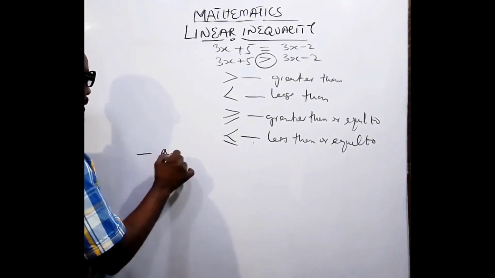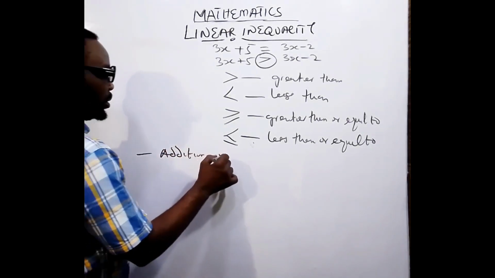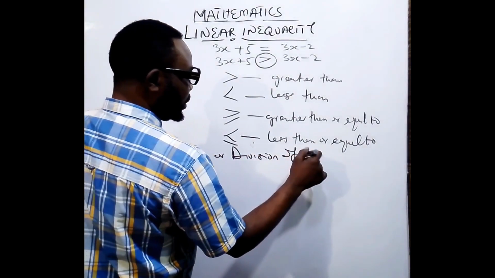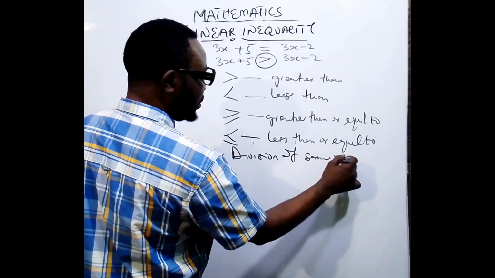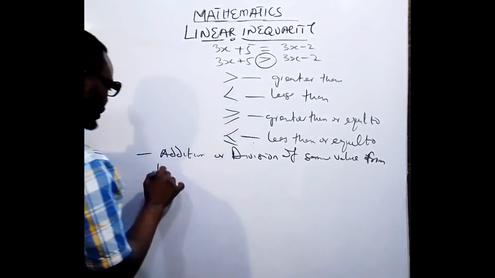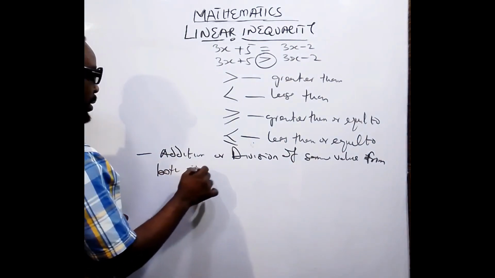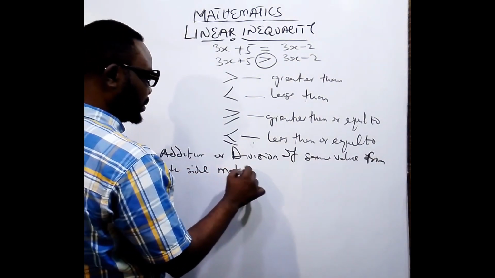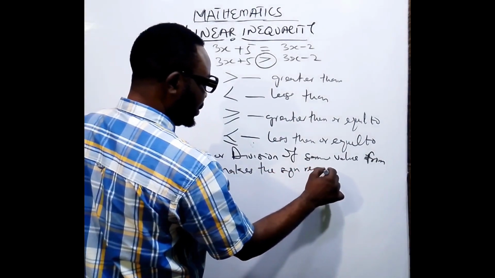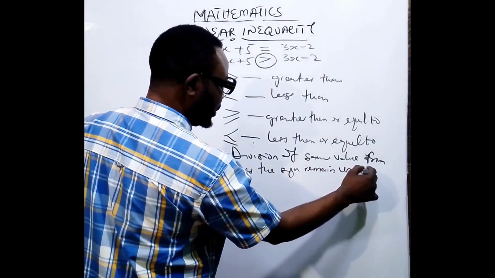That is, addition or subtraction of the same value from both sides makes the sign remain unchanged.